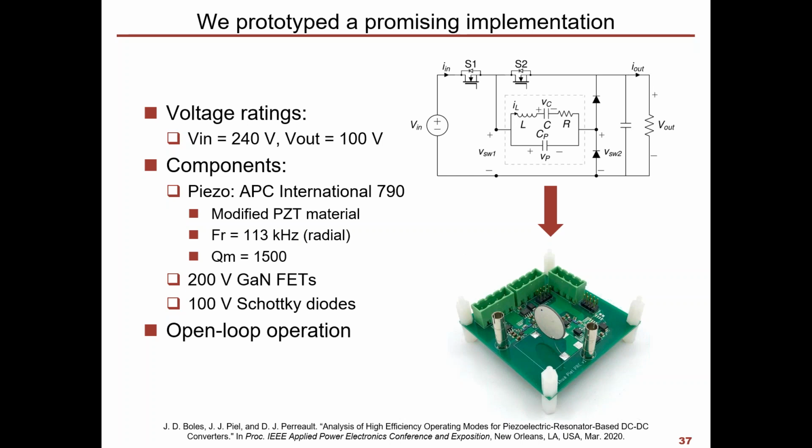Dr. Lalit asks, is there any advantage in using the same converter topologies that you showed for classical inductors and capacitors? I would say no. The reason this one is more complicated is because we have the capacitance across the piezo that we have to soft charge. That capacitance is pretty large, and if we don't soft charge it, we have a lot of switching losses with the piezo.